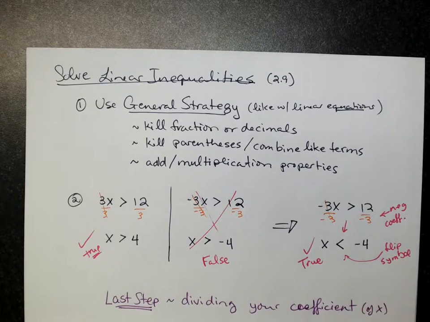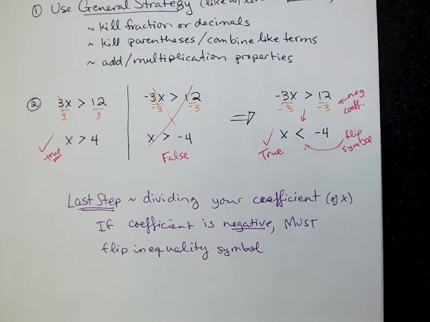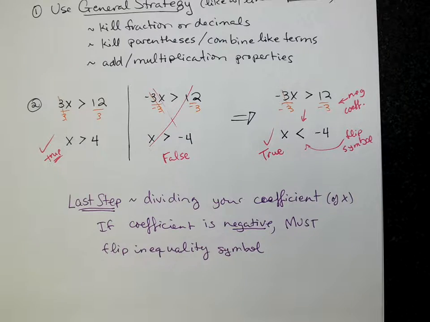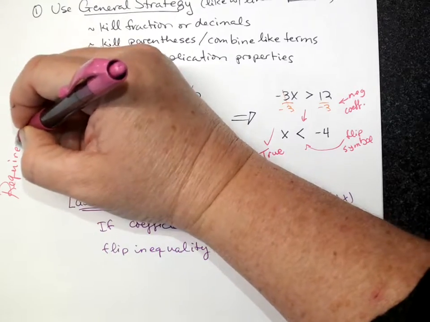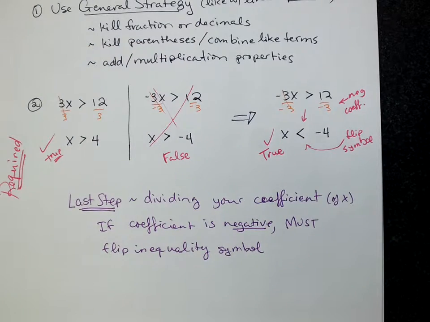If the coefficient is negative, then you must flip the inequality symbol, and do it right away. Make it one fluid movement. As I mentioned, this is mathematically required. This is the one difference in the general strategy for solving an inequality from the general strategy for solving an equation.